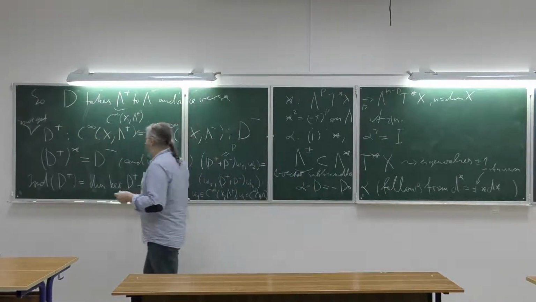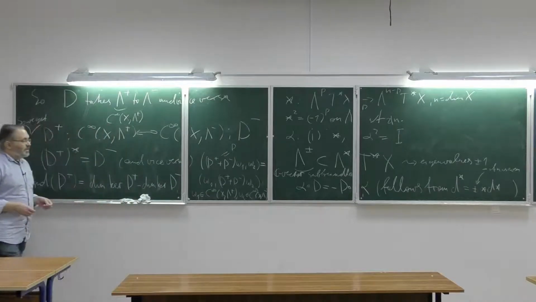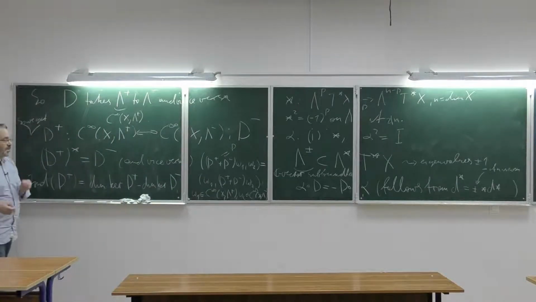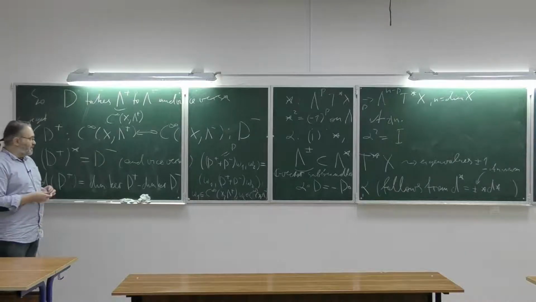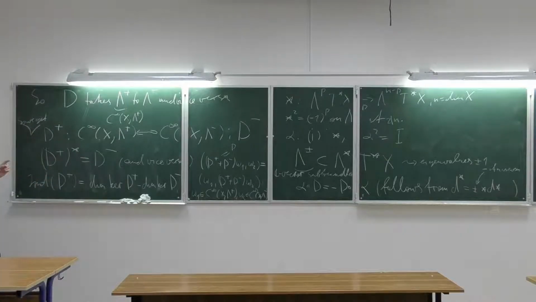The idea is that the kernel of d minus is isomorphic to the co-kernel of d plus.